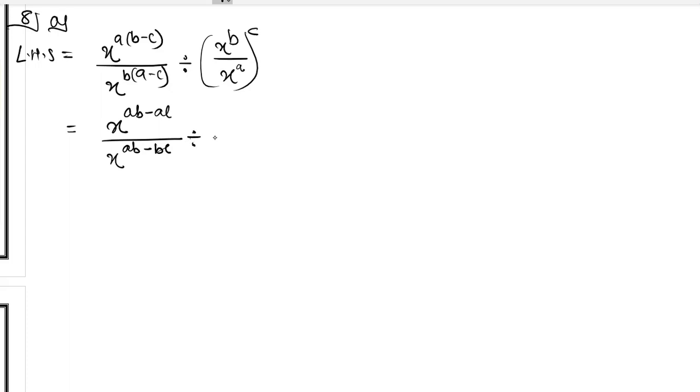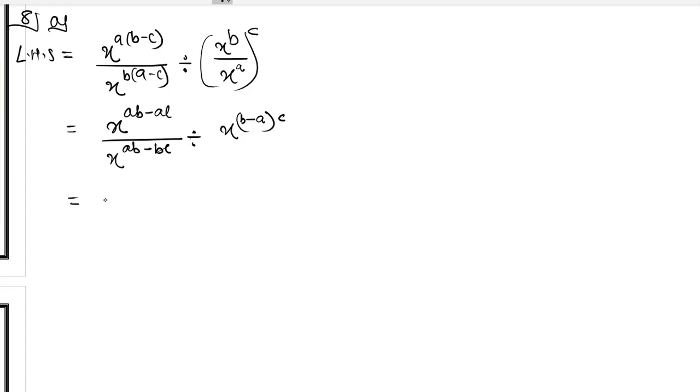Divided by, can I write it as x raised to b minus a, the whole into c. Okay. In the first fraction also I'm going to do something very interesting.